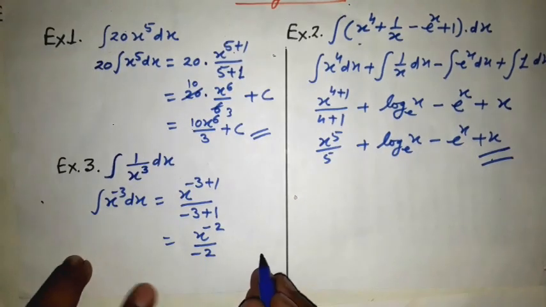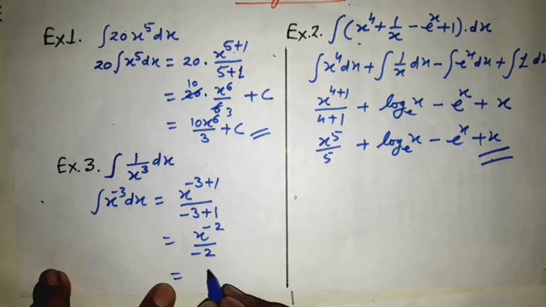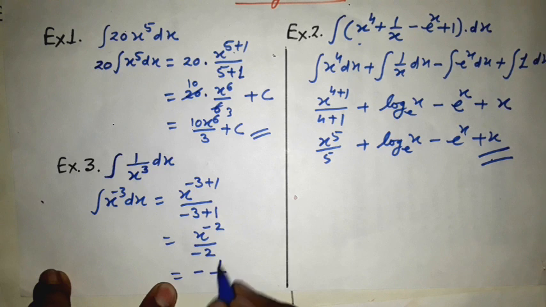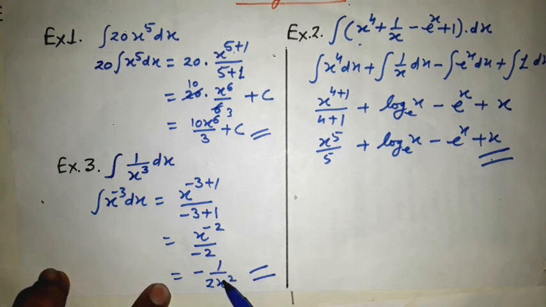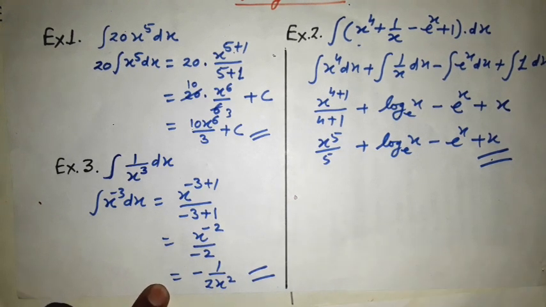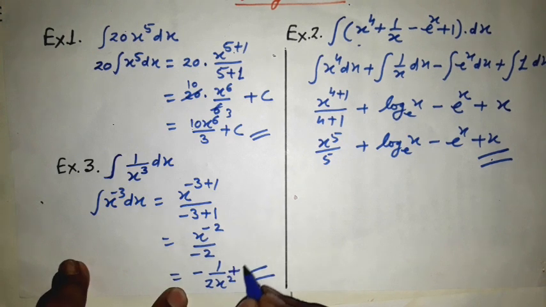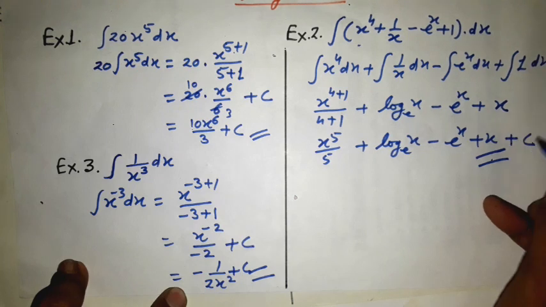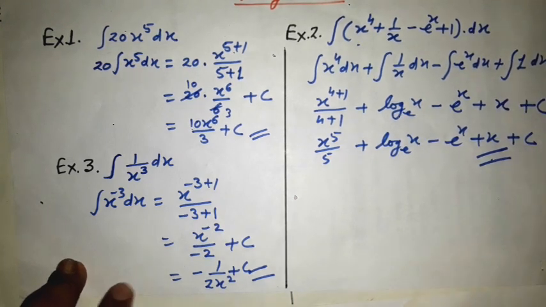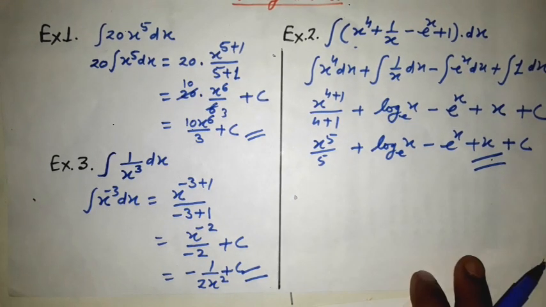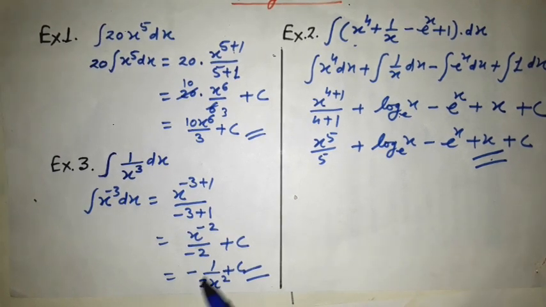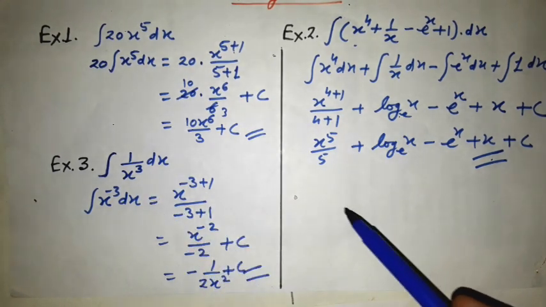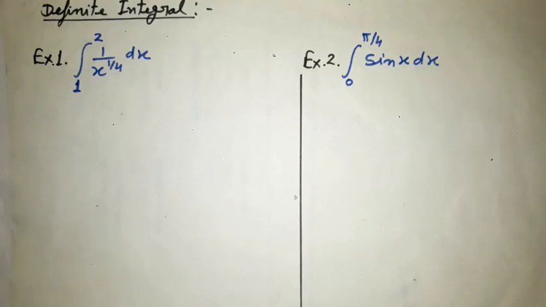So the answer will be minus 1 upon 2x square. This is the answer. X to the power minus 2 will be 1 upon x square, and the constant term c, and in this question also plus constant term c. So we can solve all these examples or questions in this way.